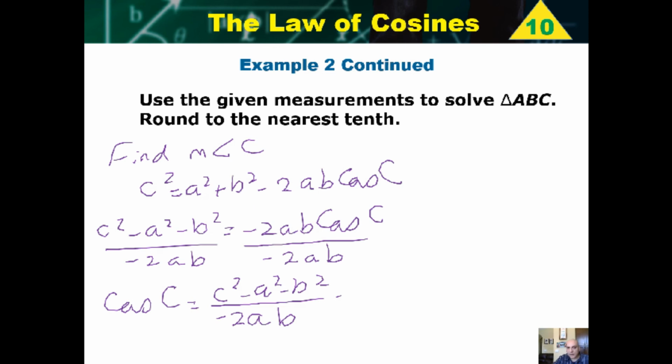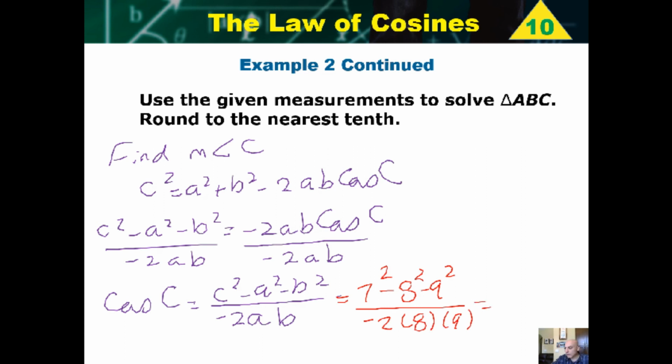If you remember, the c squared was the 7 squared, so 7 squared minus 8 squared minus 9 squared, divided by negative 2 times 8 times 9.